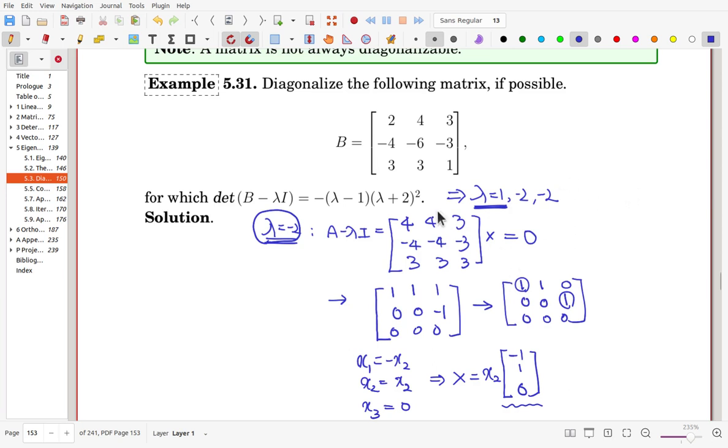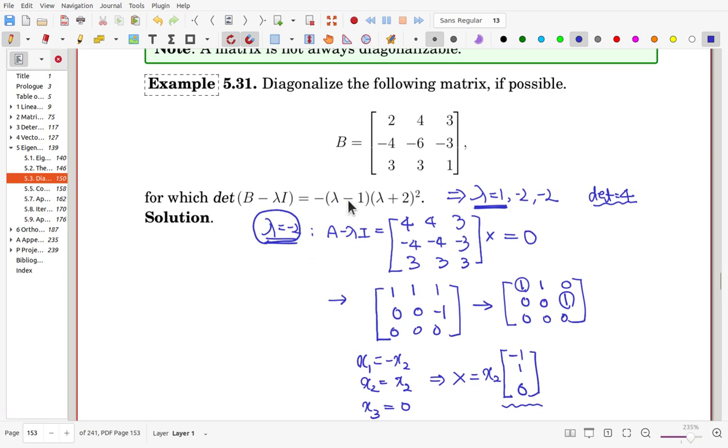Now, this one is invertible because the eigenvalues, their product is 4, which means the determinant of the matrix is 4. So it is invertible. However, now for lambda is -2, we have only one linearly independent eigenvector.